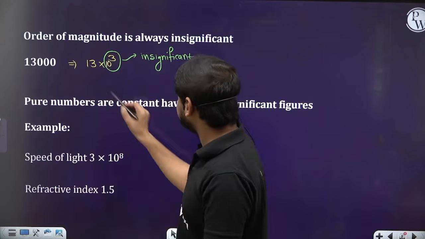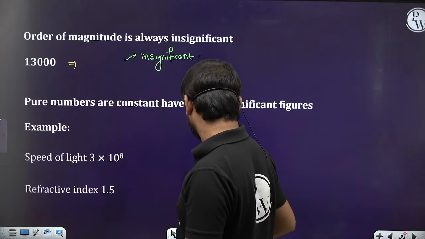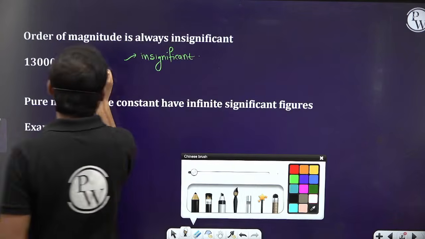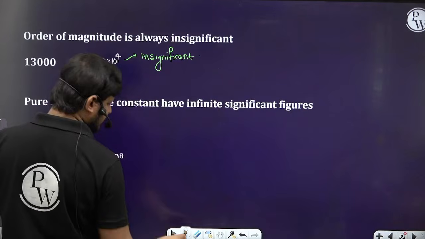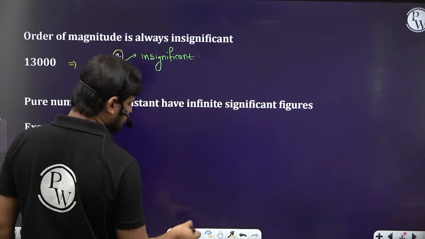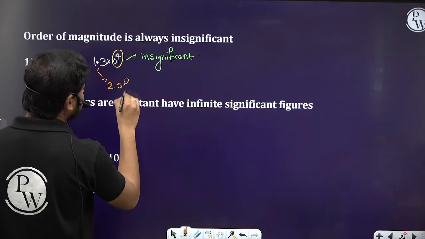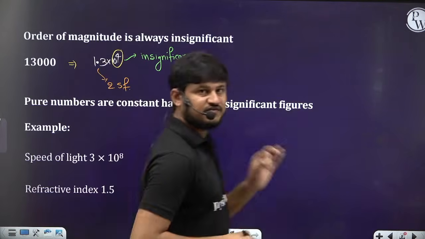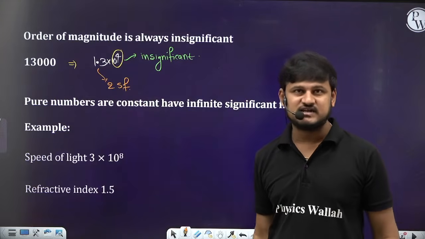Or else you can write 1.3 into 10 to the power 4, which is better. Then 10 to the power 4 is insignificant, and 1.3 has two significant figures.